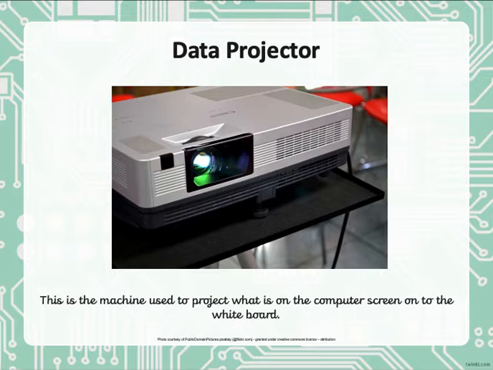A data projector. This is a machine used to project what is on the computer screen to a whiteboard. So I know in Mr. Savage's classroom there is a projector. I don't think we have one in ours, but a projector is another way to get something off your computer and to project it onto a bigger screen. There's a projector if you go to the cinema to project the film onto the screen.